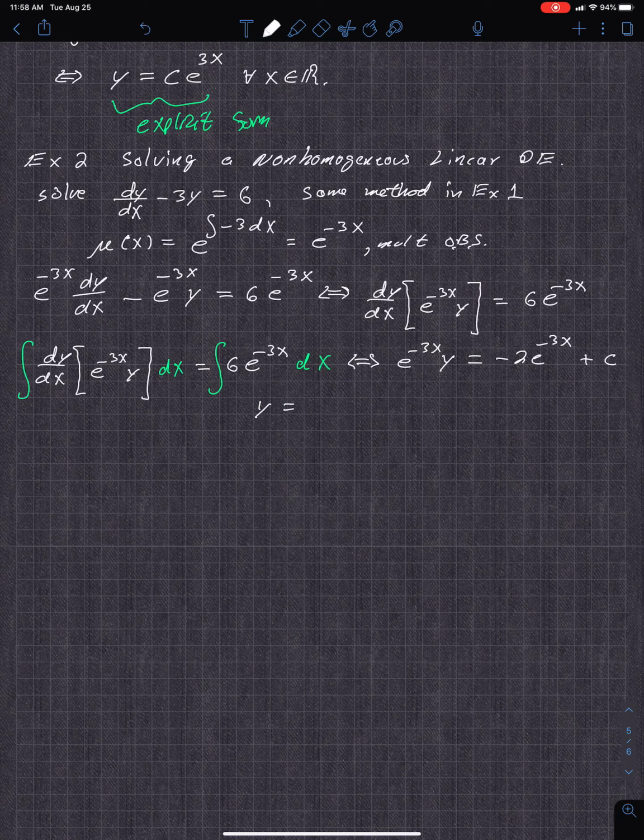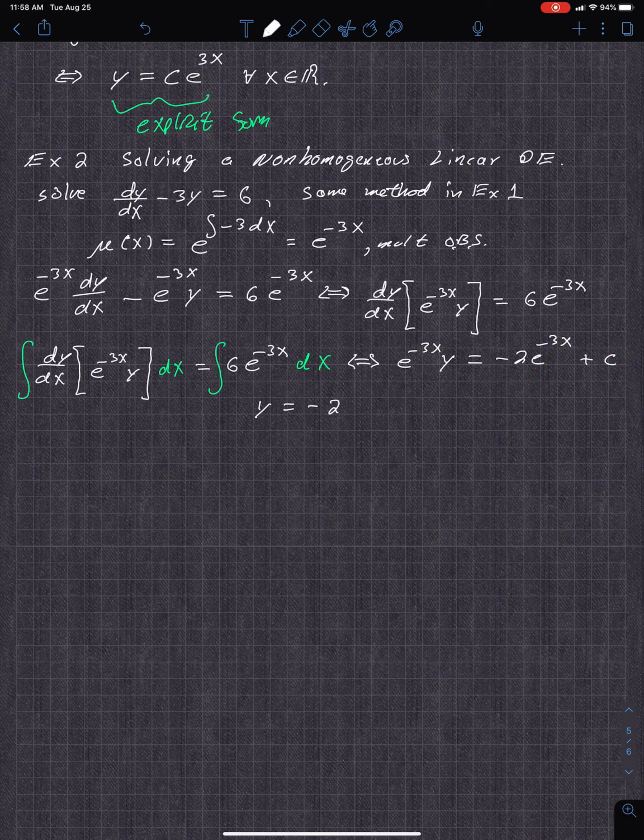Then you solve, and you get your explicit form again. So y is equal to -2, because when you divide, this factor is gone, but it ends up over here.